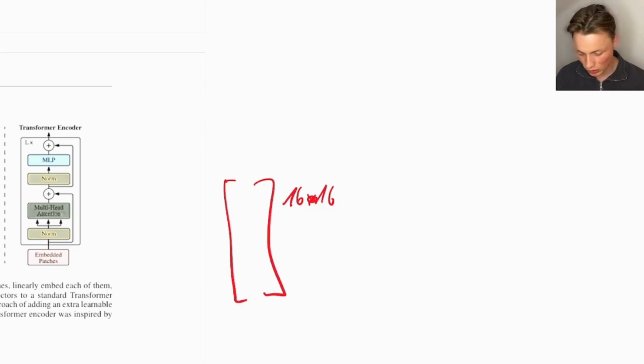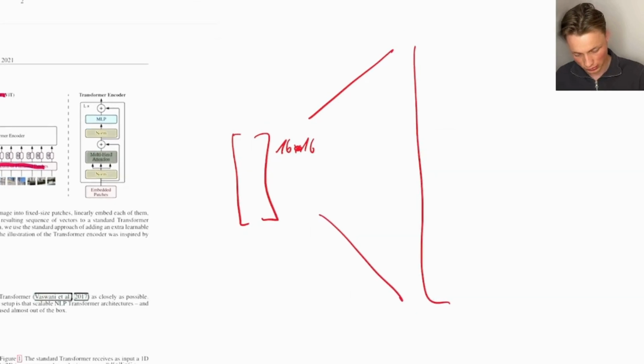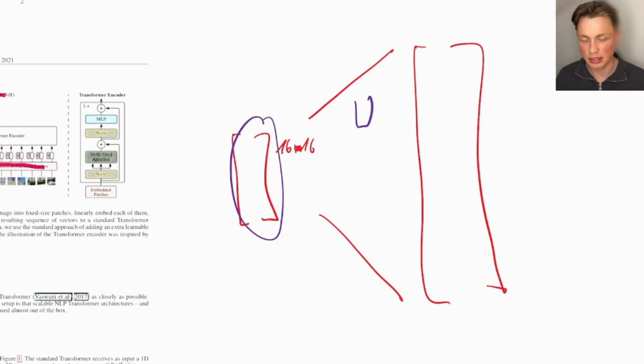And now we do a linear projection into a higher dimensional space, so we get an embedding dimension. So let's do it like this. We have a weight matrix, we can call this one just W, and every vector is multiplied by this weight matrix in order to get our patch embedding.